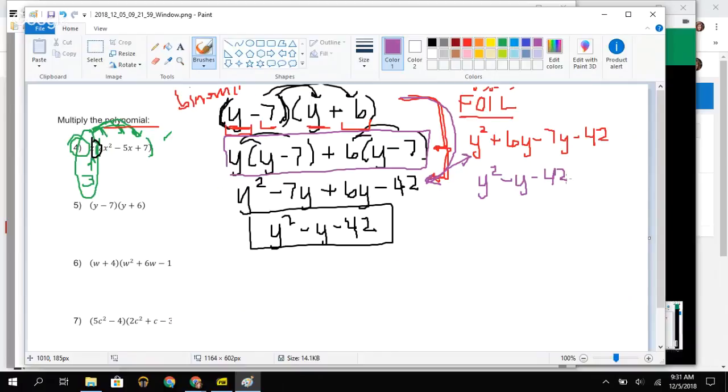Okay, so one more example I want to do. Unless anyone wants to see another example of FOIL. Do you feel rusty on FOIL? You feel okay on FOIL? Cool. How's everybody else? Okay, yeah, I think I can FOIL.